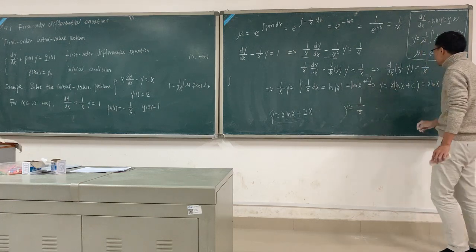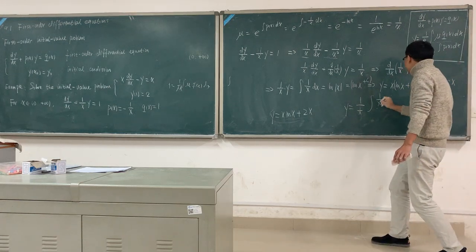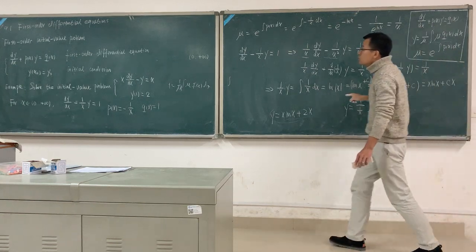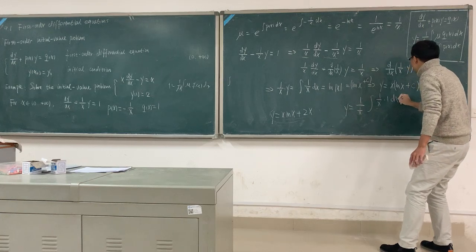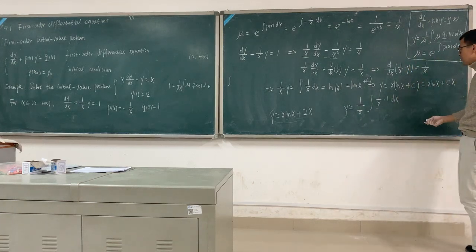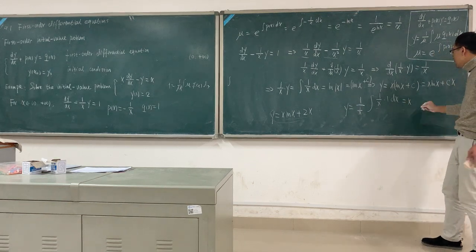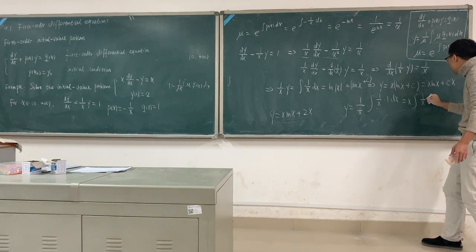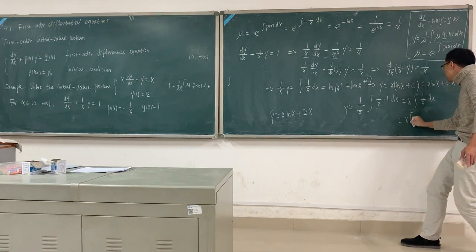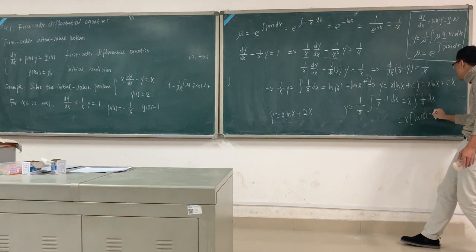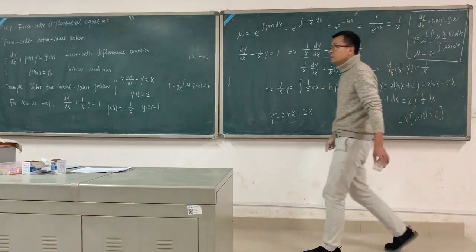And q is 1, so times 1 dx. So 1 over x actually is x, and times the antiderivative of 1 over x, so here is x times the ln absolute value x plus c. Very easy.